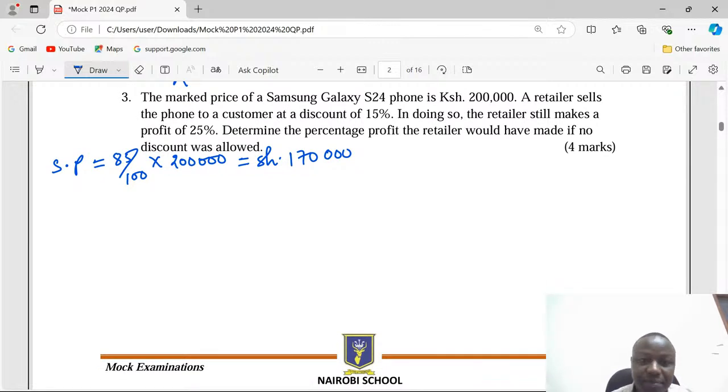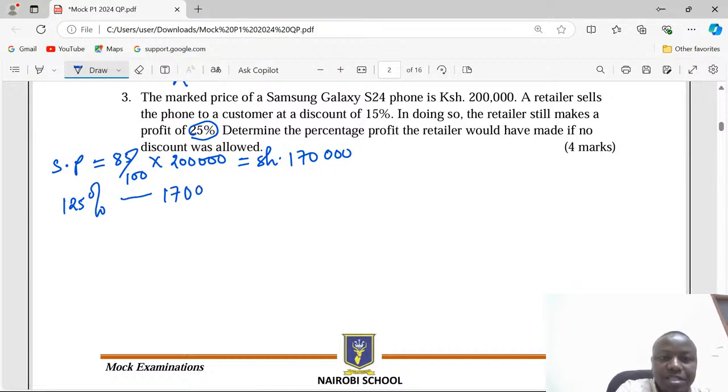Now, by doing this, the retailer didn't get a loss, still made a profit equivalent to 25%. That means 125%, which is the cost price together with the profit, is equivalent to 170,000. Through this information, we can now determine the cost price of the phone, 100%.